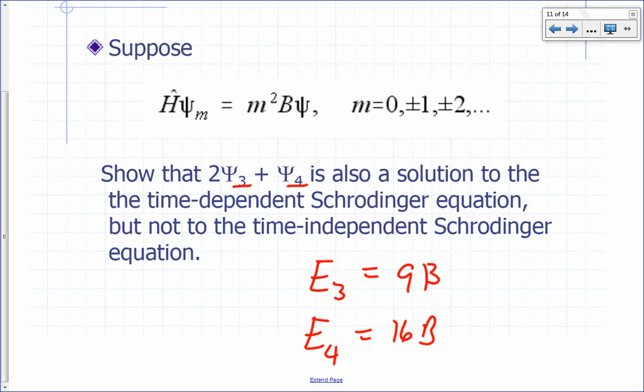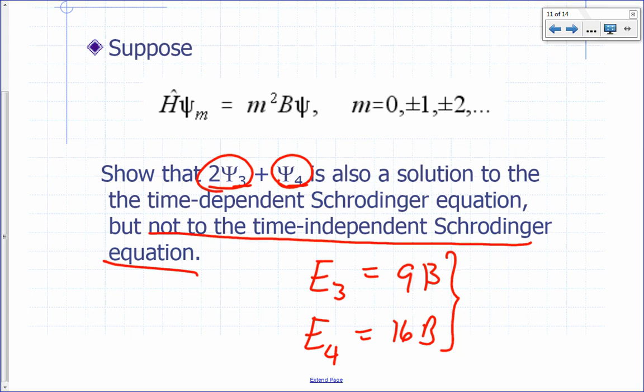So this is C3 psi 3 plus C4 psi 4, right? This linear combination is a linear combination of non-degenerate states. Therefore, it will not be a solution to the time-independent Schrodinger equation, but it will still be a solution to the time-dependent Schrodinger equation. Okay?